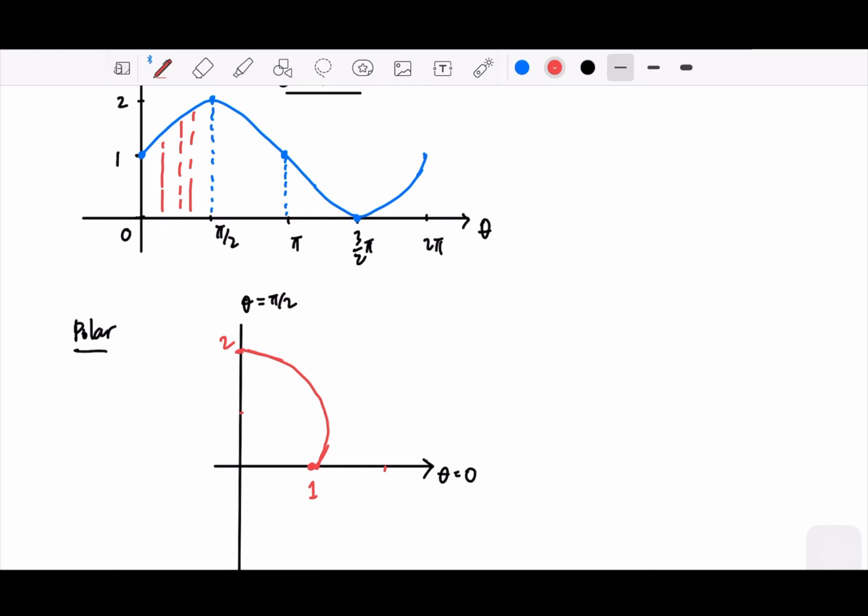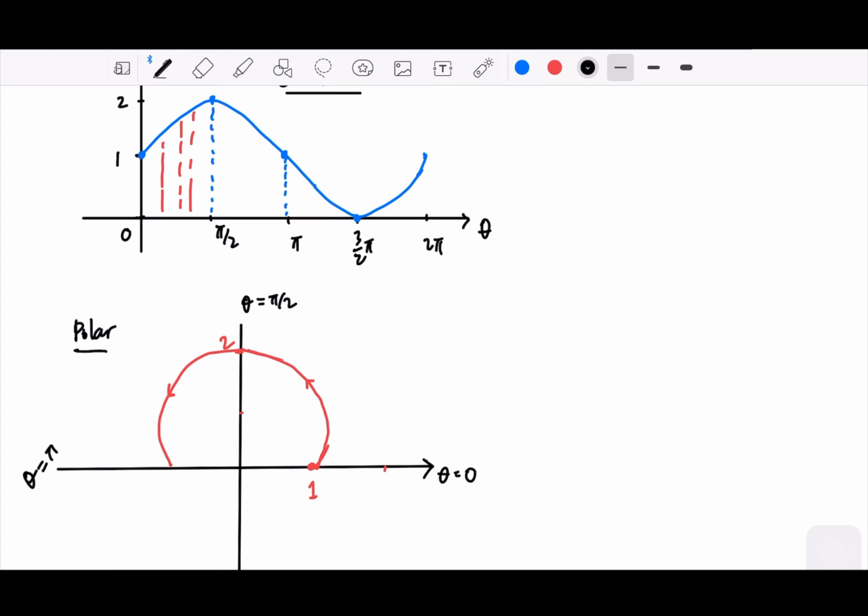And then after that, you can continue to move on to the other quadrants, and we will see that this will perfectly also mirror the right side image. So this is when theta is equal pi.